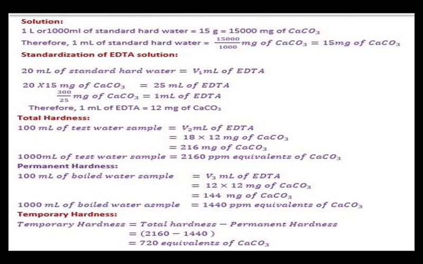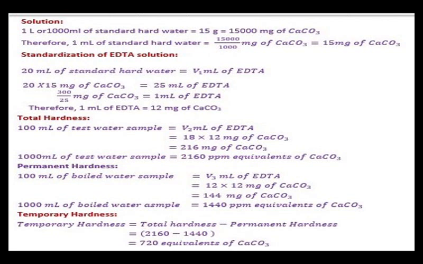So now standardization of EDTA solution. During the standardization of EDTA solution, we need to know how much EDTA solution was consumed for a known volume of standard hard water taken. Here in this problem, 20 ml of standard hard water required 25 ml of EDTA. Therefore, 20 ml of standard hard water is equal to V1, in place of V1 we have 25. But 20 into, do we know 1 ml of standard hard water is equal to?